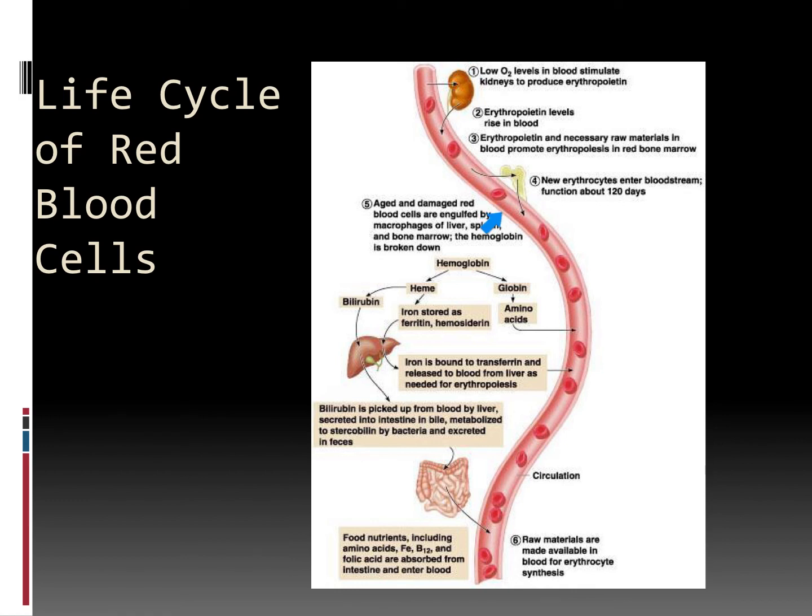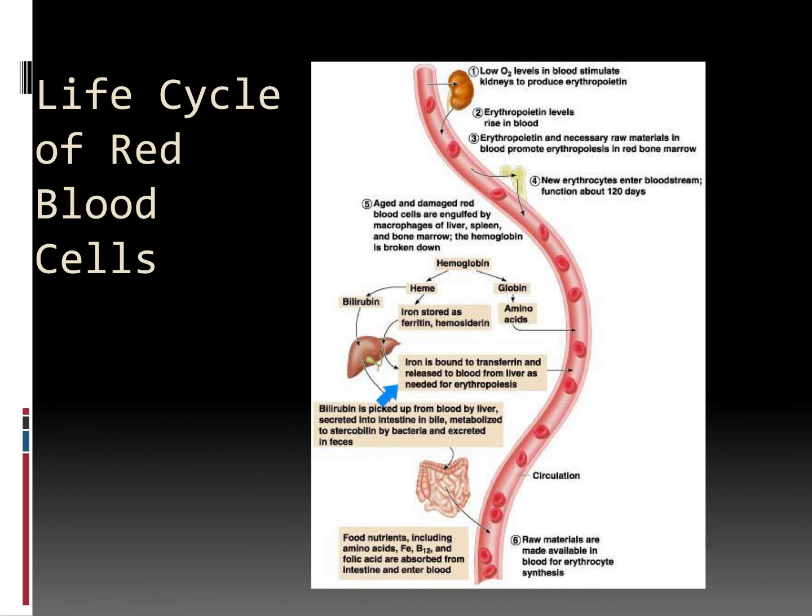When they are damaged, they get broken down in the liver and the spleen and in the bone marrow, kind of recycled. The hemoglobin is broken down into iron, which can then be used again for making new red blood cells.